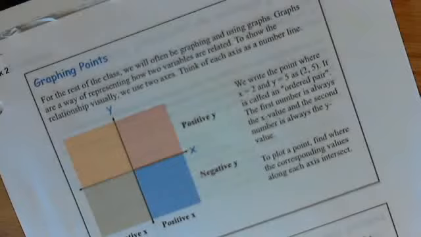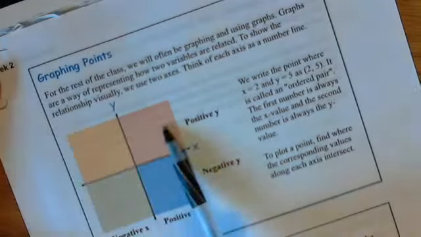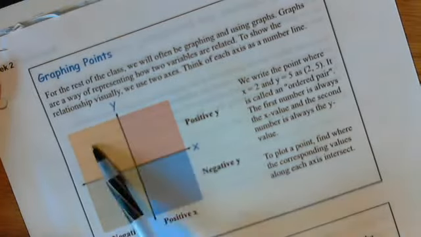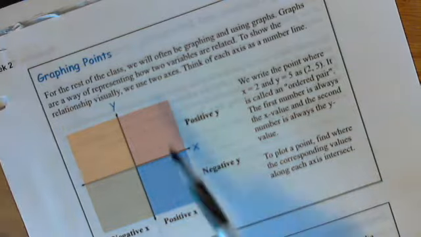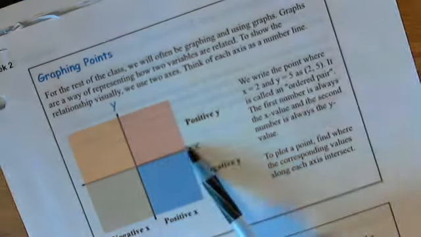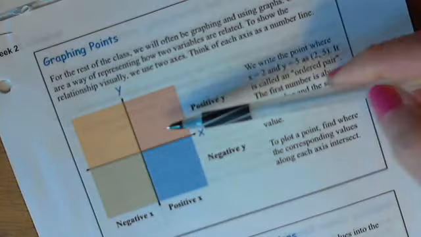Okay, we're going to review graphing by plotting some points. And if you remember, this is a 4-quadrant graph. We've got the first quadrant here, second quadrant, third quadrant, and fourth quadrant. And in the first quadrant, all the x values for a point's coordinates and all the y values are positive.